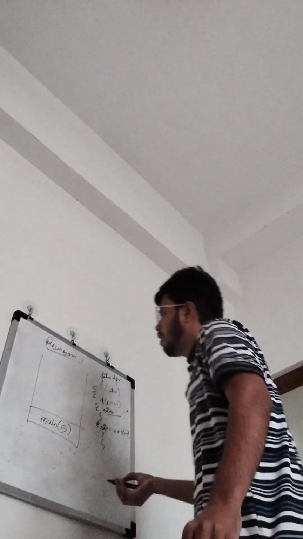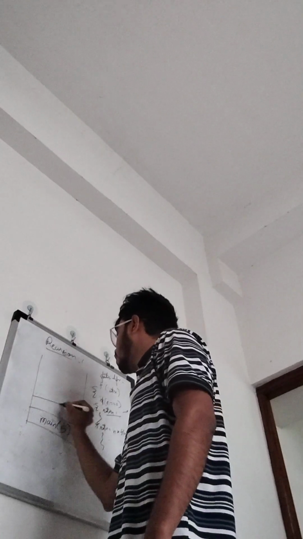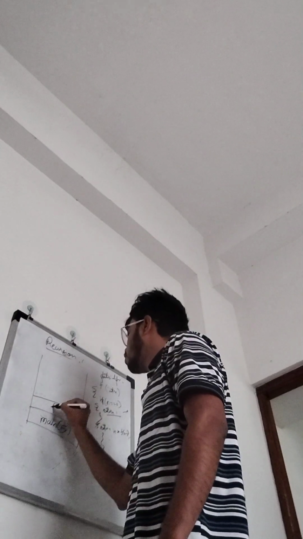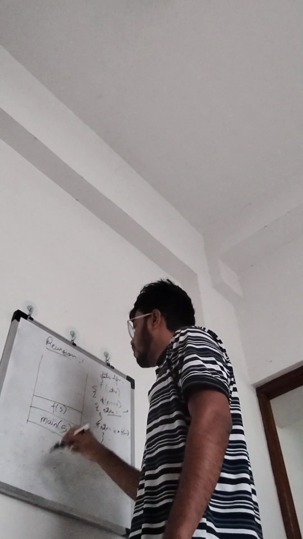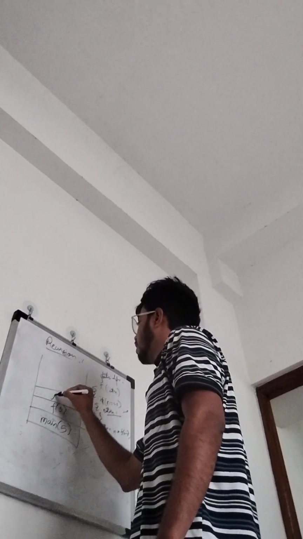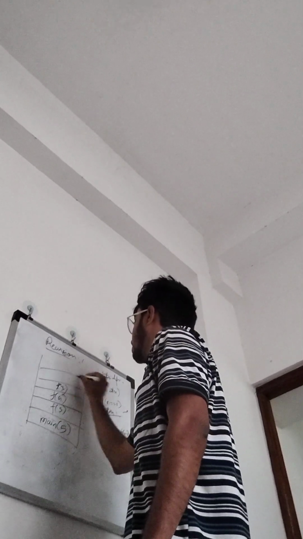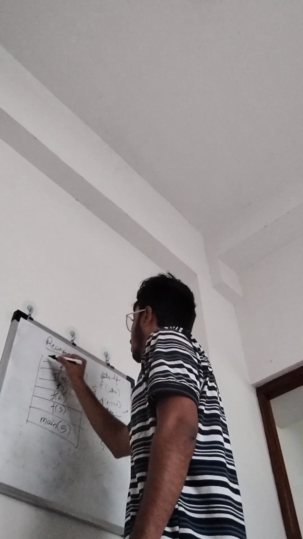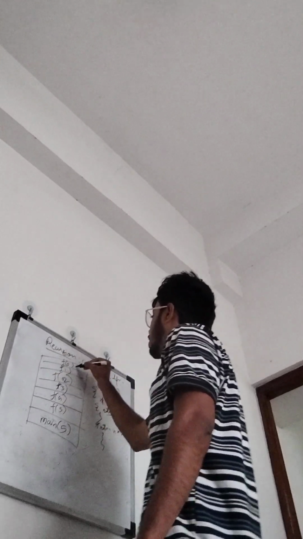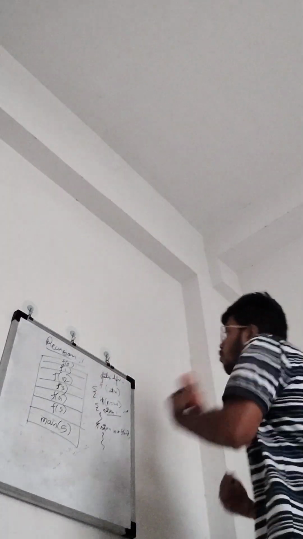So you call f of 5, then you get to 4, this calls 3, this calls 2, this calls 1, this calls 0. Now let us see how this function actually works.